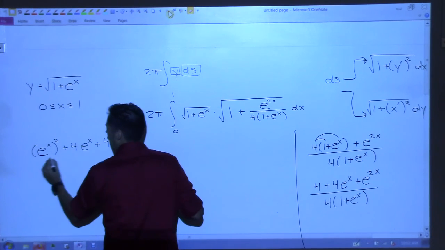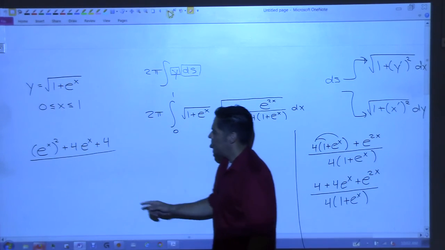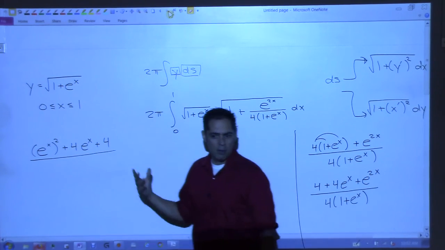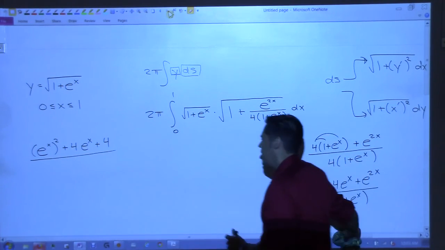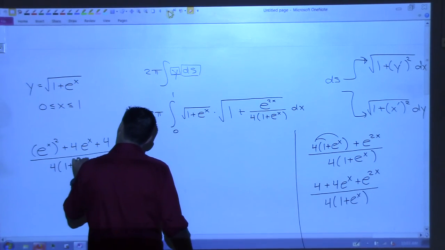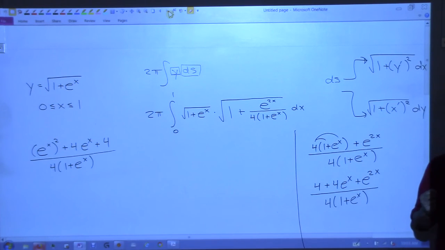So all I've done is rearrange the numerator so that if you squint your eyes just enough, you can see that that's like u squared plus 4u plus 4, and that will factor. And then on the bottom, nothing changes. Do you see what I mean by, these problems have to be chosen perfectly for you?